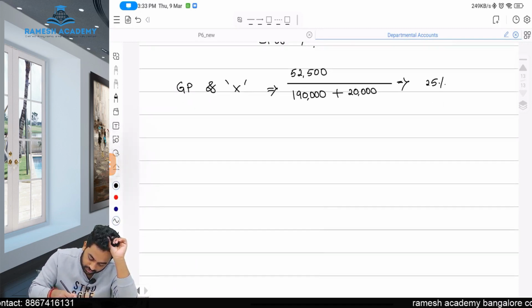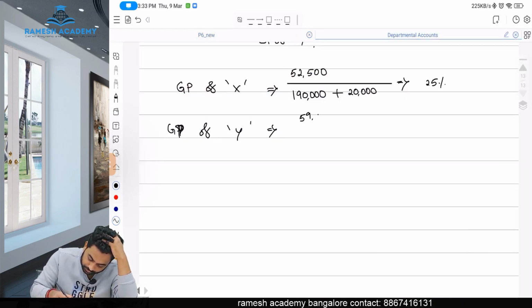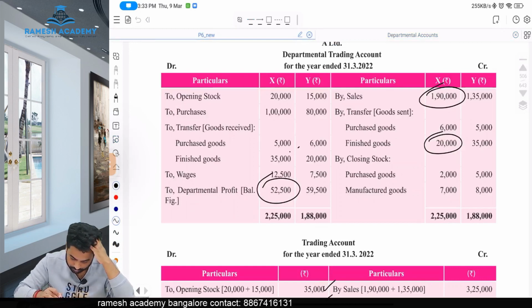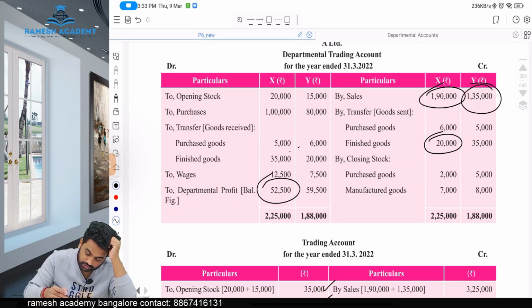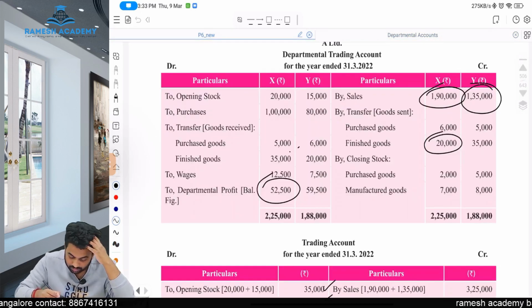Now if we find out GP of Y, 59,500 is the GP. Okay, how much is the normal sales? Normal sales is 135,000 plus how much is the sale of finished goods?